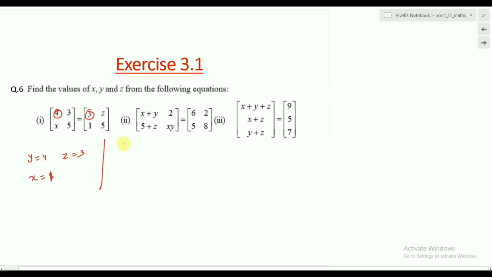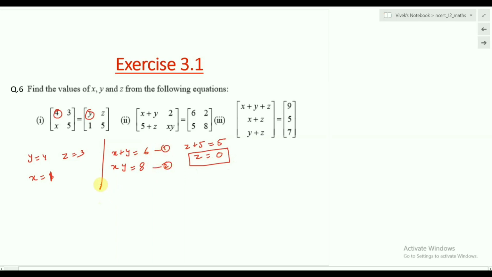Same thing if you want to find in the second case, x plus y will be equal to 6, and xy should be equal to 8, and z plus 5 should be equal to 5. So from here what will be z value? z will be 0. Now we will find x and y from these two equations 1 and 2.